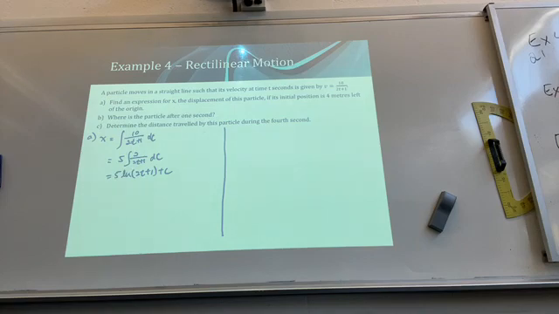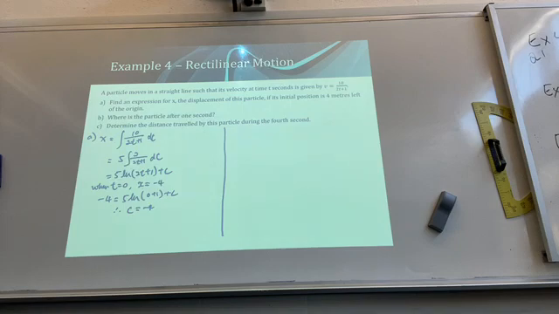Now you need to work out c based on 4 meters left of the origin. When t equals 0, x equals minus 4. So therefore c is minus 4.